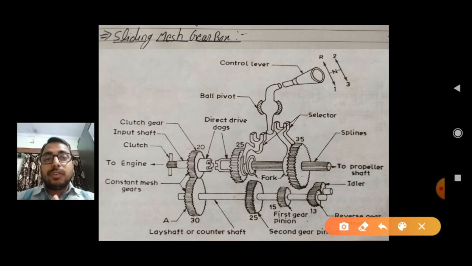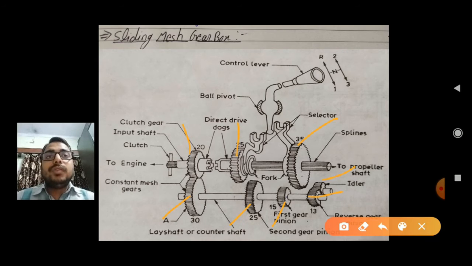The first important thing is that in the sliding mesh gearbox, the gears used in our system are spur gears. All the gears used here, as we see, of all three types, are spur gears.